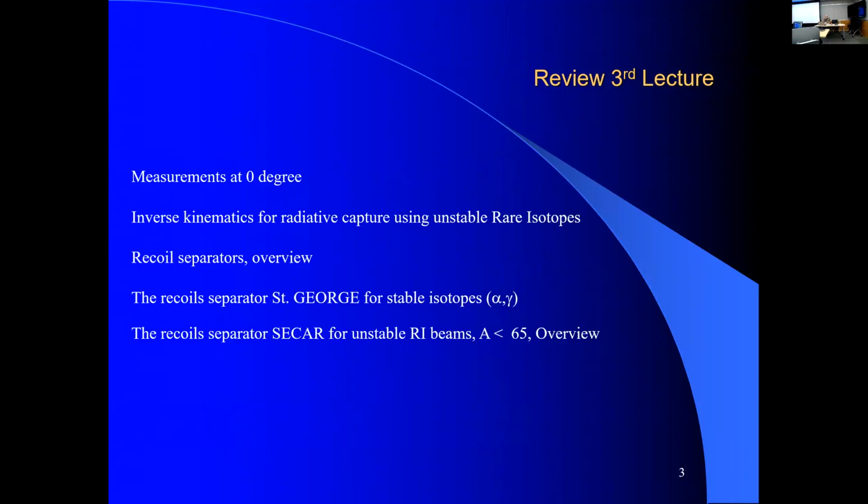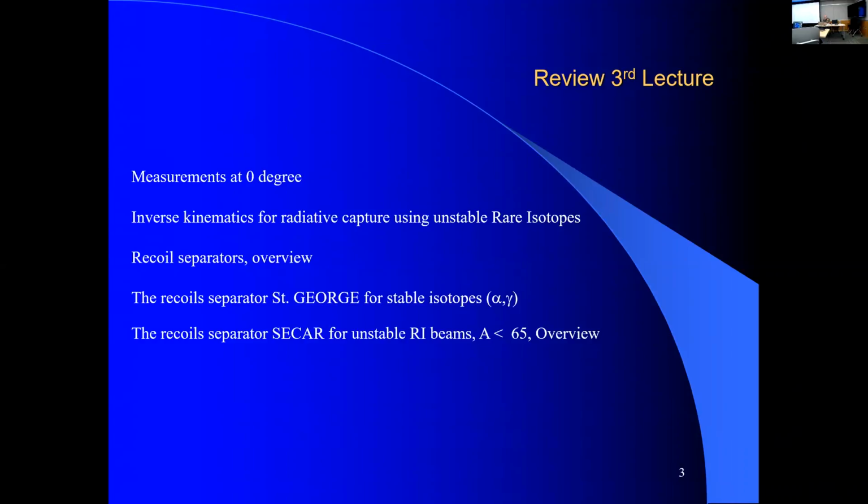Spectrometers many years ago measured many angular distributions, so at backward angles, 0 degree was a new development for new physics with spectrometers. So we have learned a lot about the techniques that are needed for 0 degree separating by B-rho or by mass in the case of the mass or recoil separator.